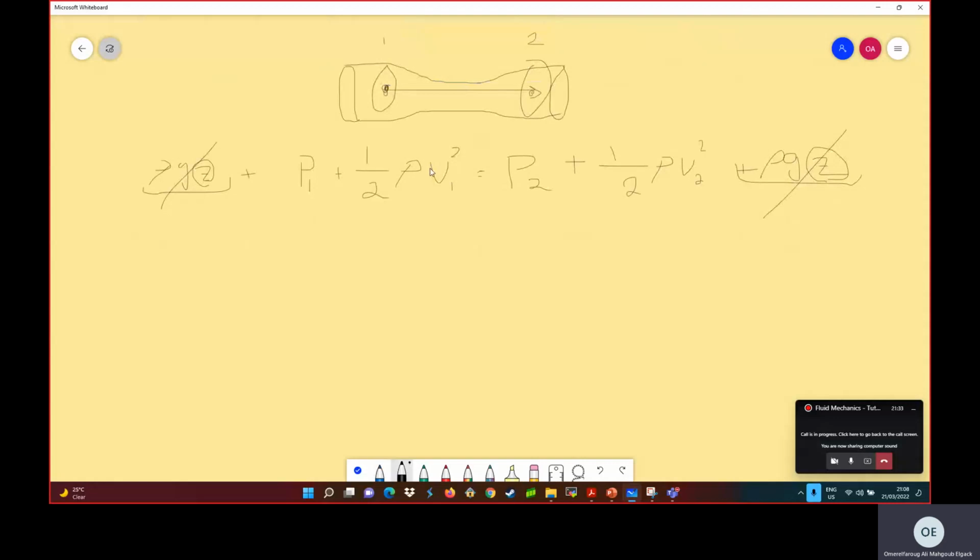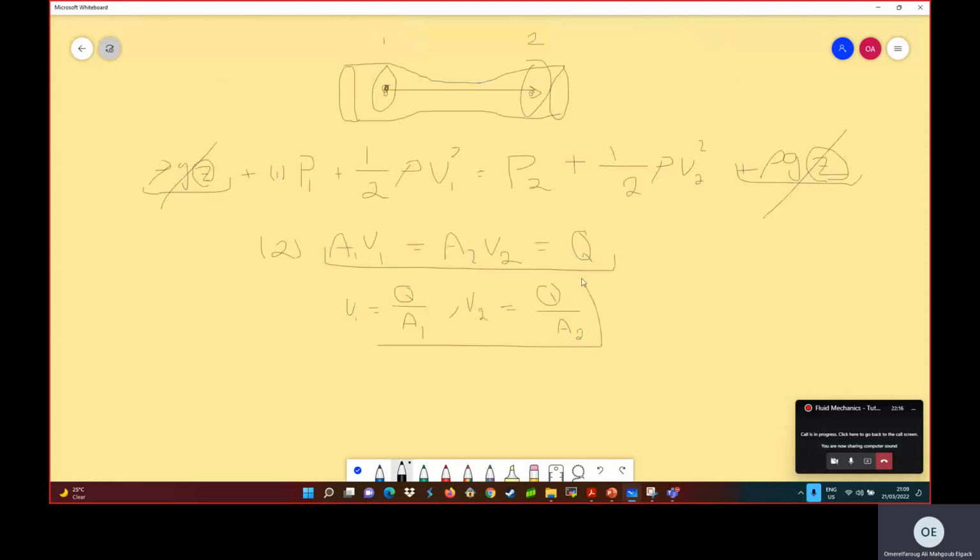So, he wants to find the volumetric flow rate, okay? So, I need also to apply, this is equation 1, I need also to apply the continuity equation, which is A1 V1 is equal to A2 V2, which is equal to Q. Now from equation 2, I can say that V1 is equal to Q over A1, and V2 is equal to Q over A2.